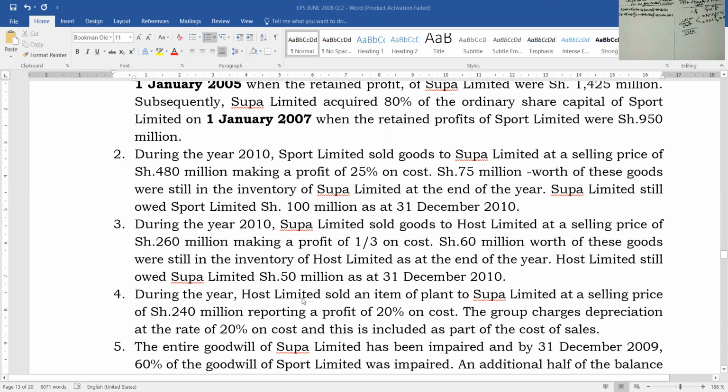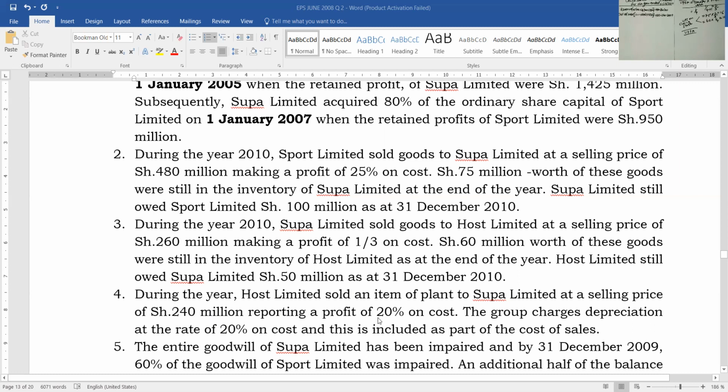So now remember, here when Host sold an item of plant, this is a fixed asset, which means that Super never resold it, but Host realized the profit. So what we do, we take transfer value. The asset was transferred at 240.